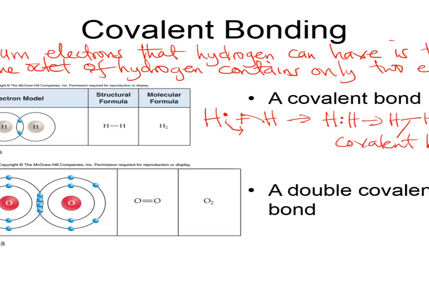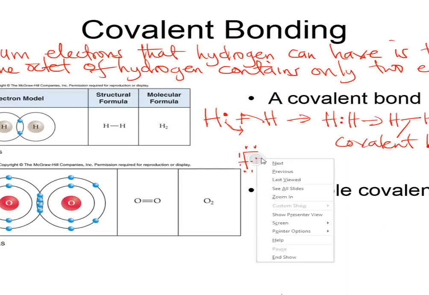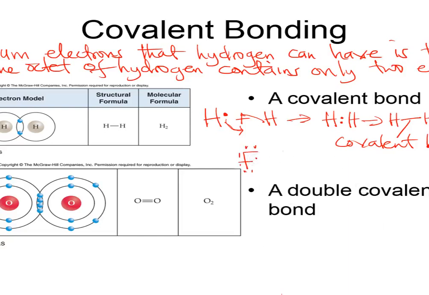Now if you take another element, let's say fluorine. Fluorine has 7 electrons in its outer shell. We can talk about that. And if we have another fluorine also that has 7 electrons in its outer shell. Now these 2 fluorines, so an electron here, an electron here.